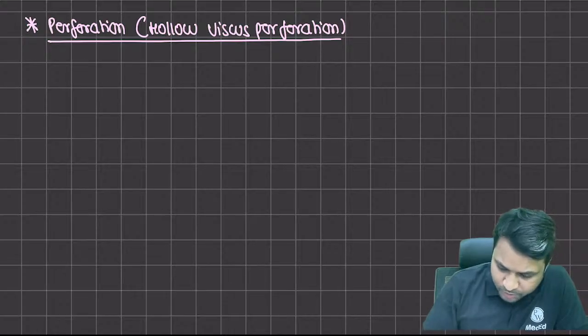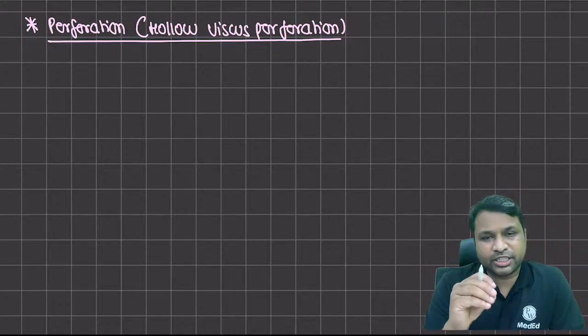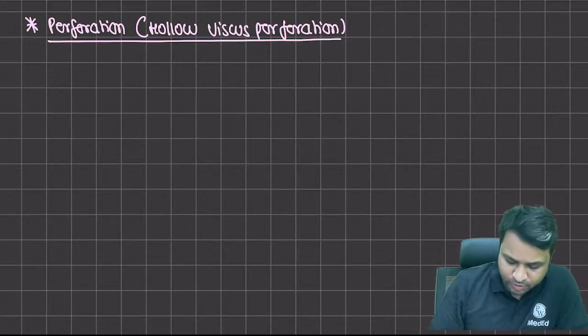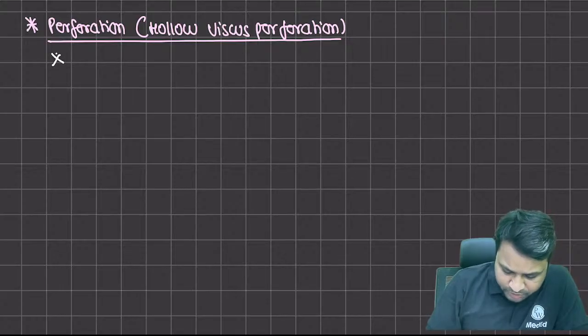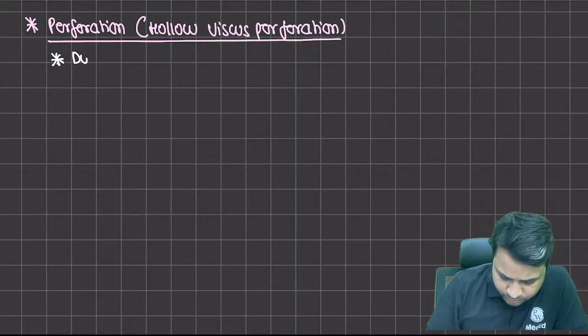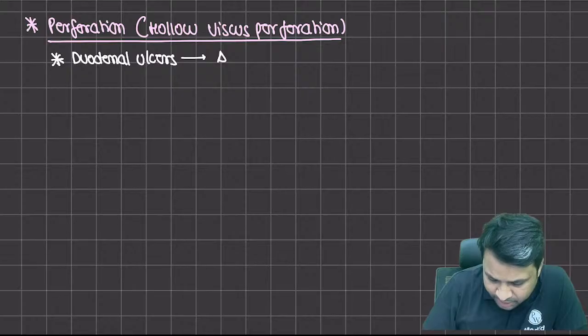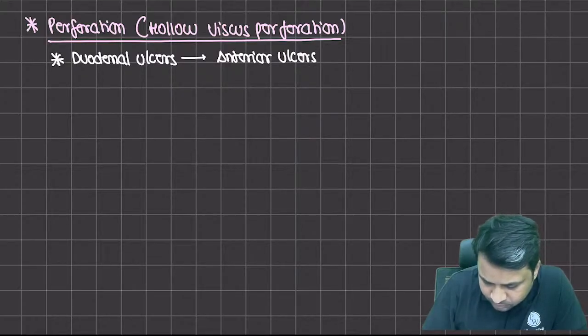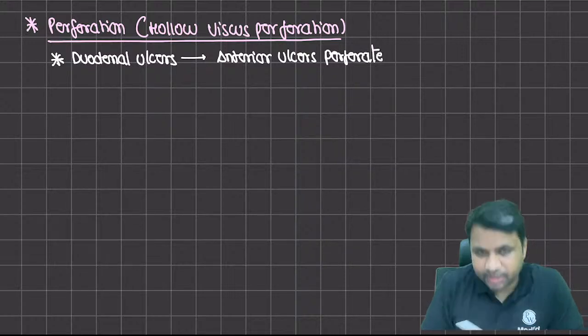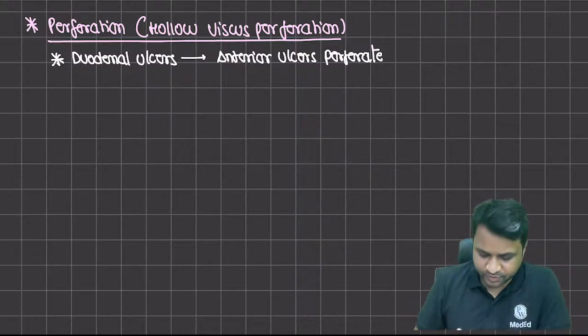Gastric ulcers can also perforate, duodenal ulcers can also perforate, but more often than not, in duodenal ulcers, it is the anterior ulcers that perforate, right?